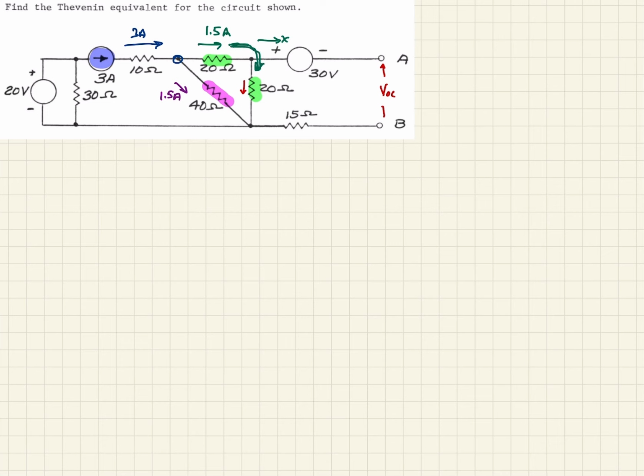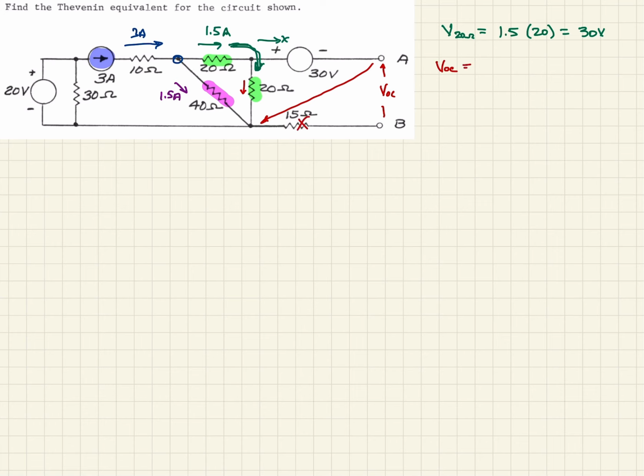So that means that the voltage through the 20 ohm resistor is going to be equal to 1.5 amps times 20 ohms, just Ohm's law, V equals IR. All right, and so that being the case, that's going to be 30 volts. So with that knowledge, we know that the open circuit voltage is the voltage drop from here to here. Remember, there is none here, there's no current flow.